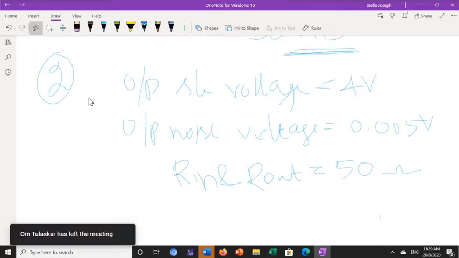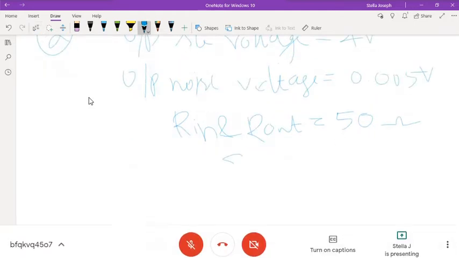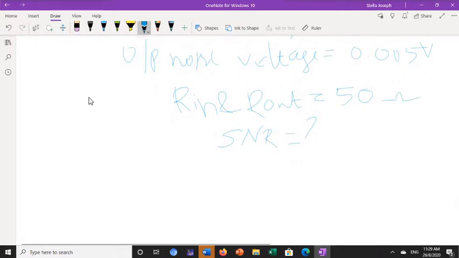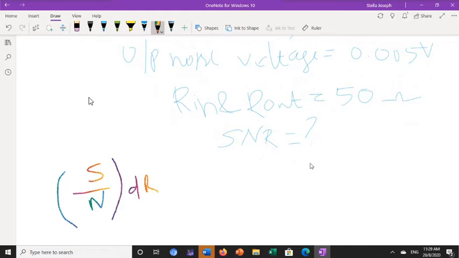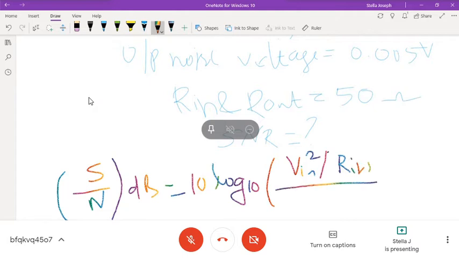Then they ask us to determine the signal to noise power ratio. So what is the formula for SNR? S by N in dB is equal to 10 log 10 of V in square divided by R in, divided by V out square divided by R out.